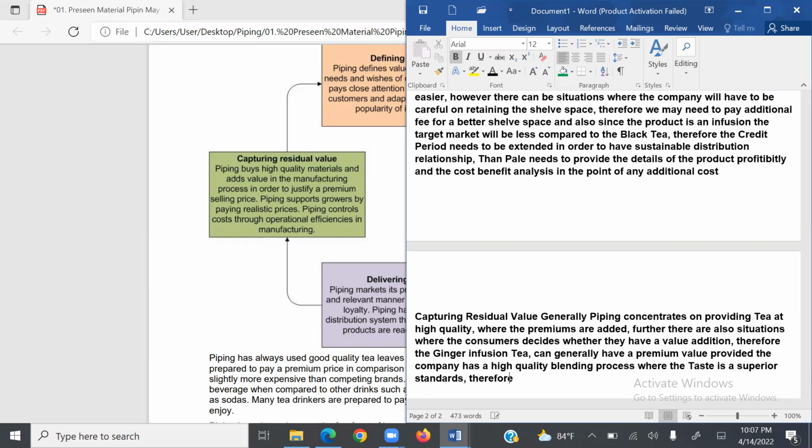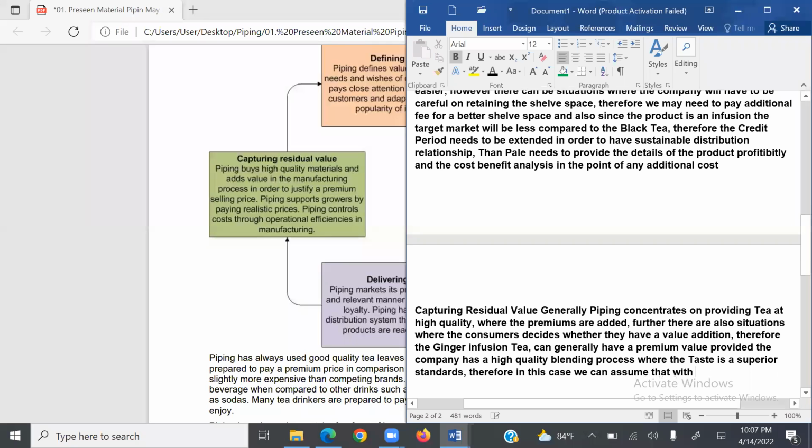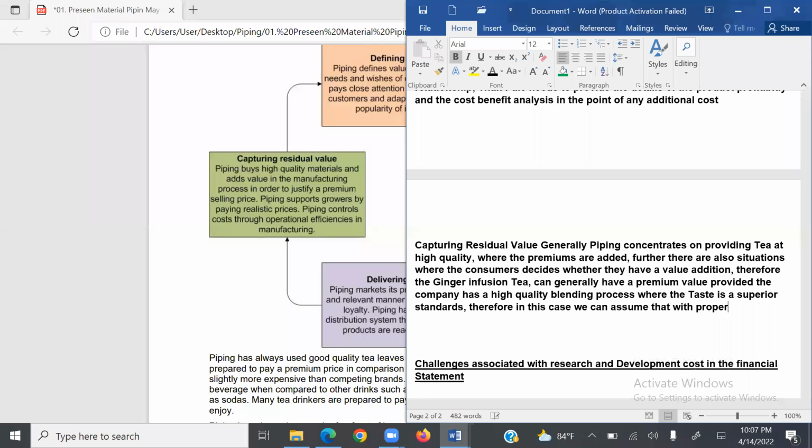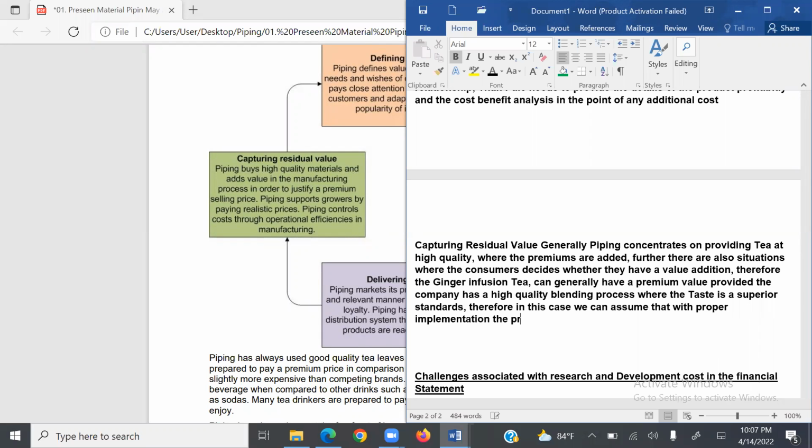Therefore, in this case, we can assume that with proper implementation, the product can have a higher value. So I'll just write down a small sentence.